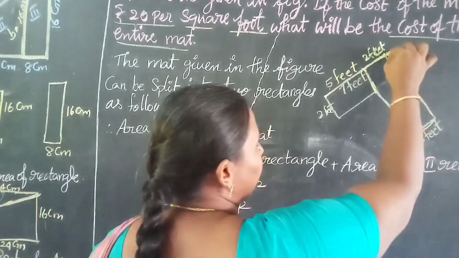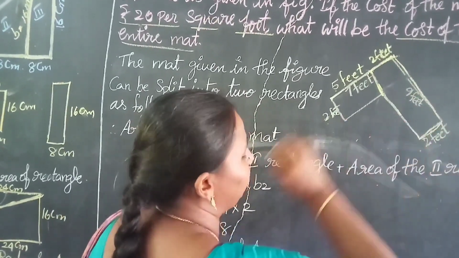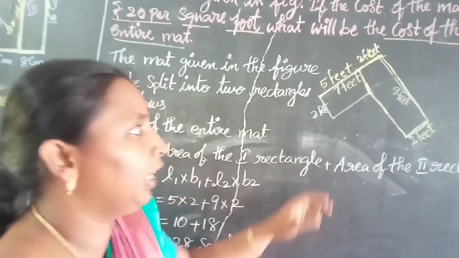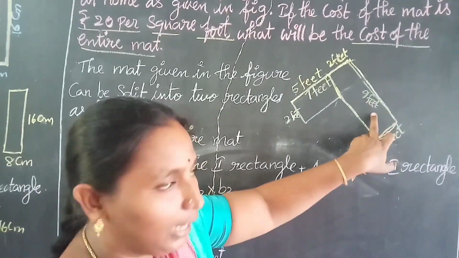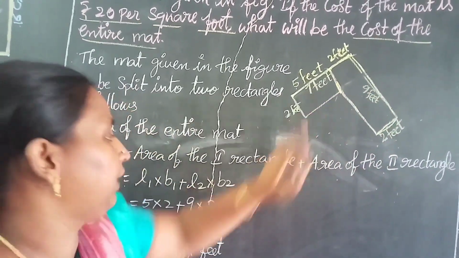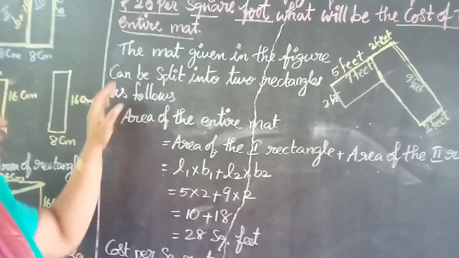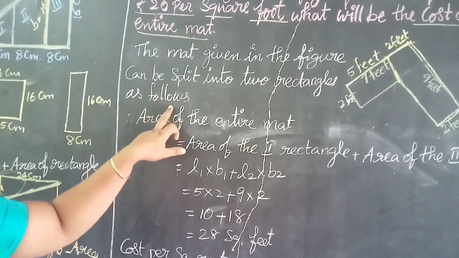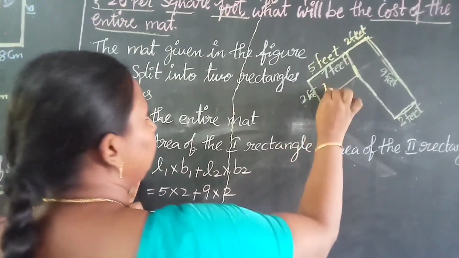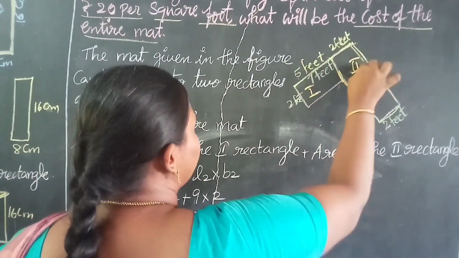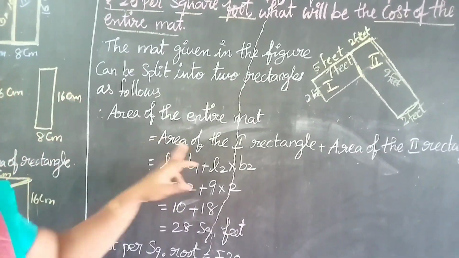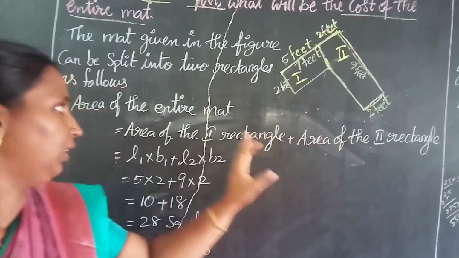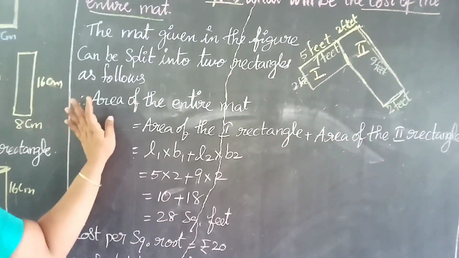Take this rectangle: the length is 9 feet and the breadth is 2 feet. So to find the area of this mat, we are going to add the area of this rectangle plus the area of the second rectangle. Okay, so write: the mat given in the figure can be split into 2 rectangles, this one is 1 and this one is the second rectangle. So area of the first rectangle plus area of the second rectangle, then only the entire mat area will come, you know.